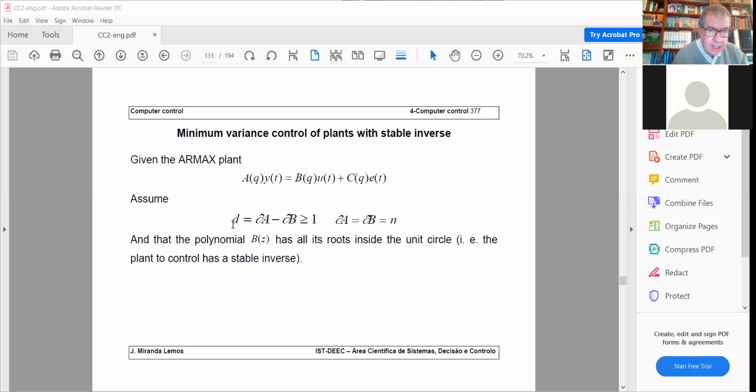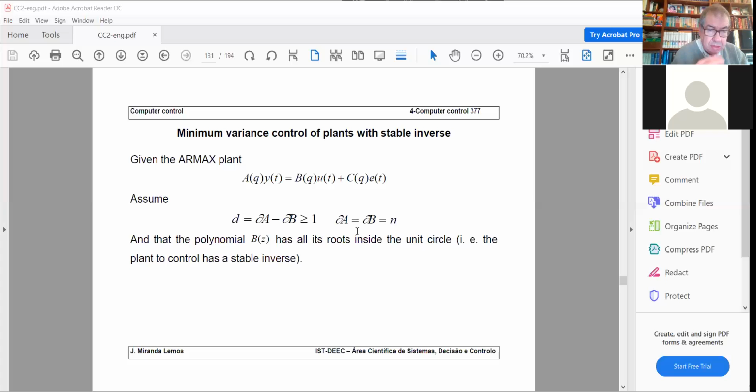So the delay is d. In many cases, we will be assuming a nominal delay d of 1, but things work for bigger delays. But the important thing is that the delay, given by the difference of the degrees of A and B, is positive, so that the system is causal, and it is at least 1.